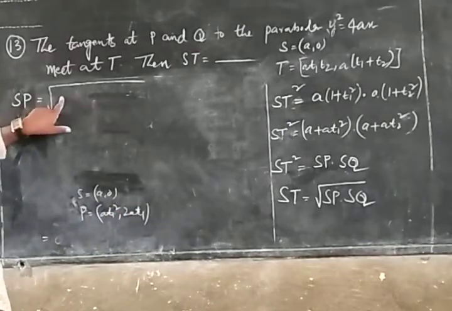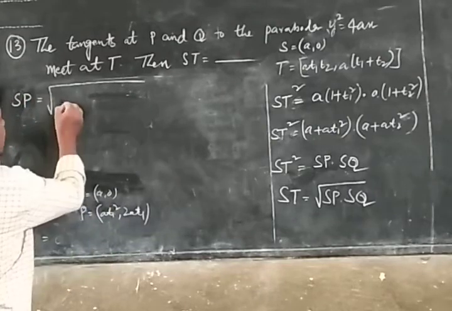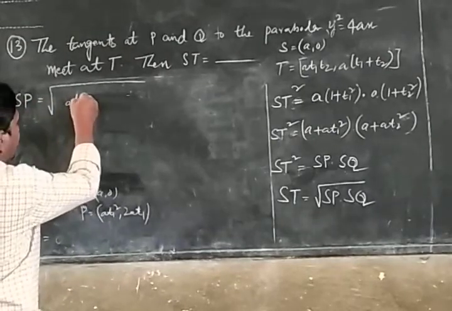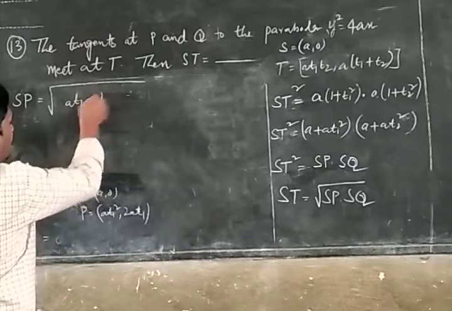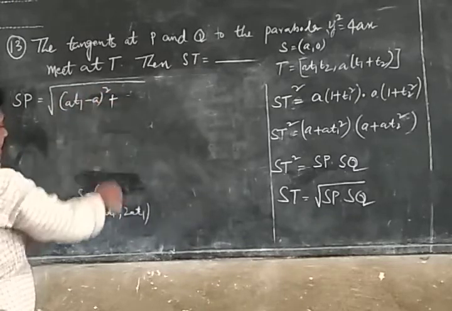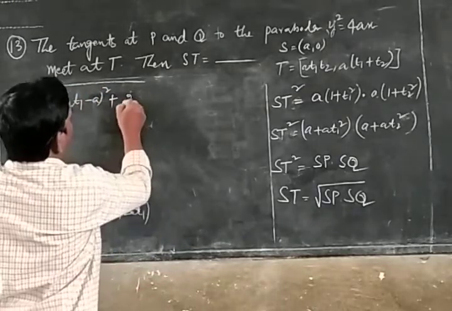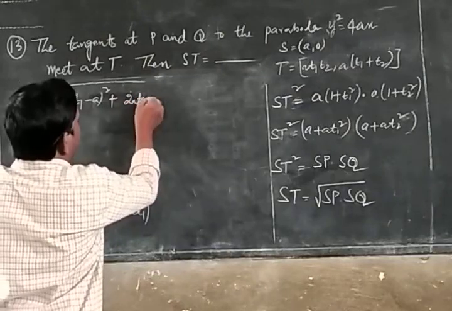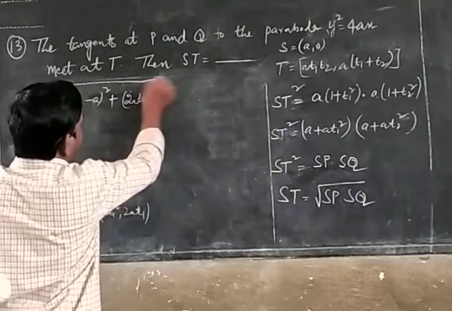Now (x2 minus x1) whole square means (a t1 square minus a) whole square plus (y2 minus y1) whole square, (2a t1 minus 0) whole square.